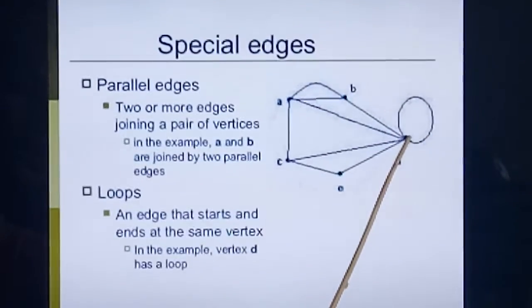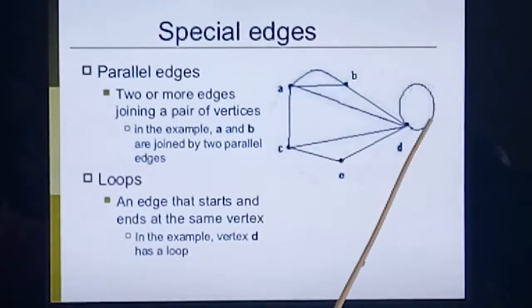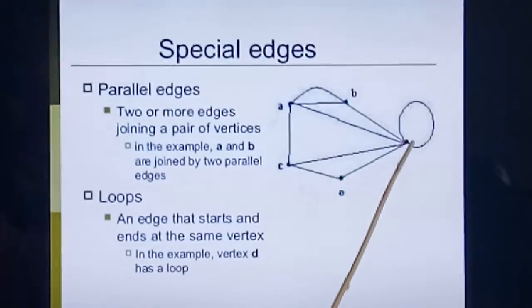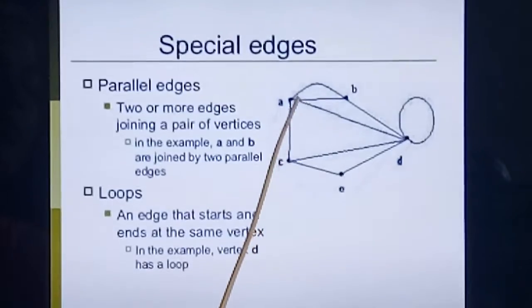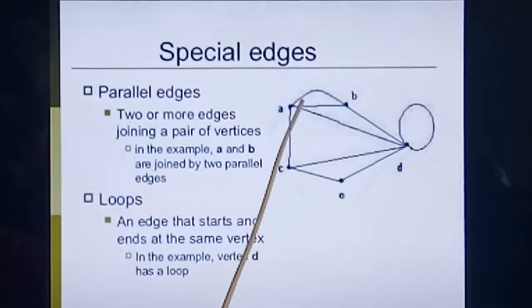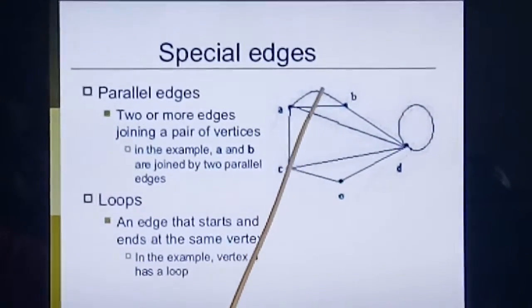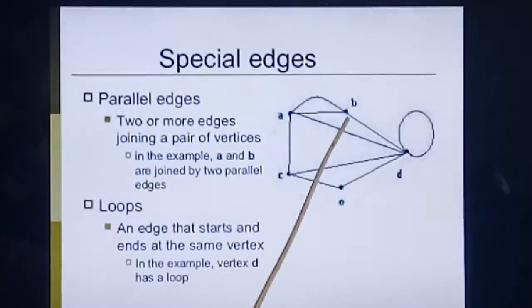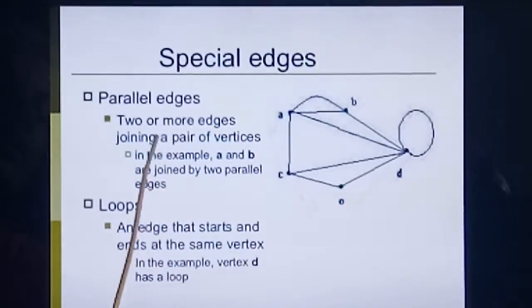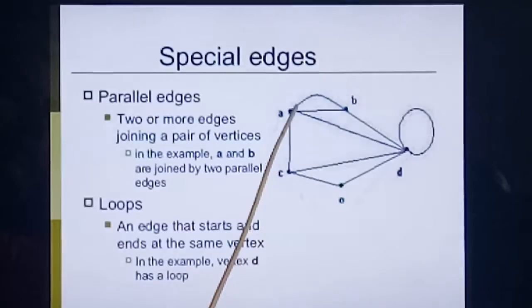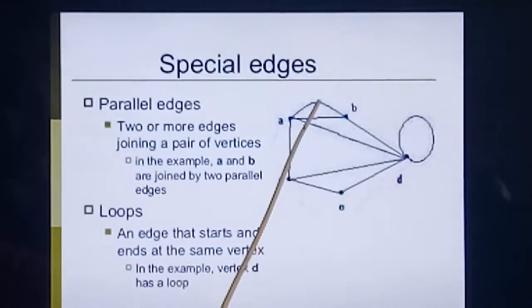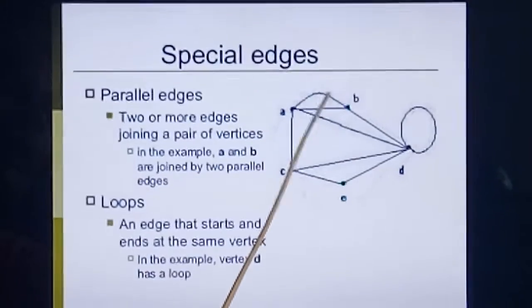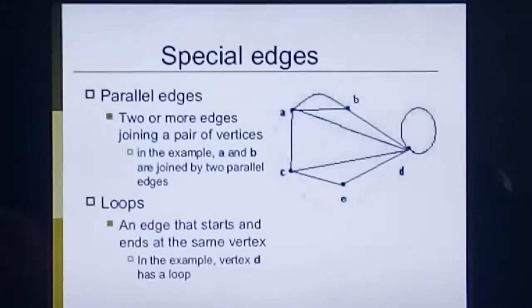It starts at D, takes a line here and ends at D. So that is called a loop. And when you have two or more edges joining a pair of vertices, that is two lines connecting the same vertices, here A, B, you can see it has two edges, that is called parallel edges.